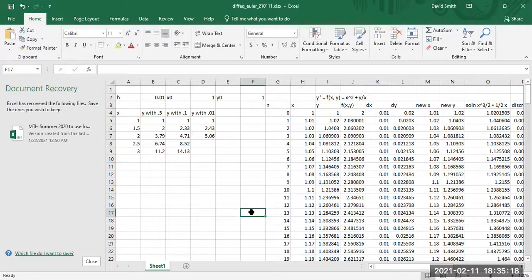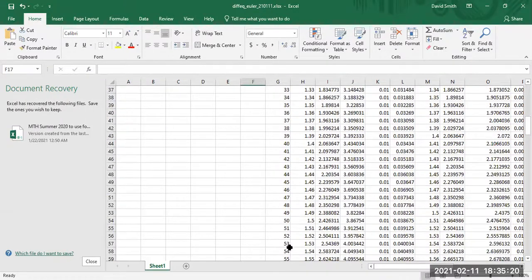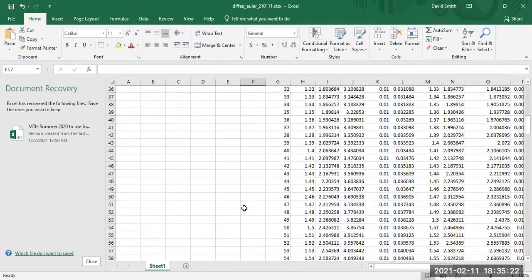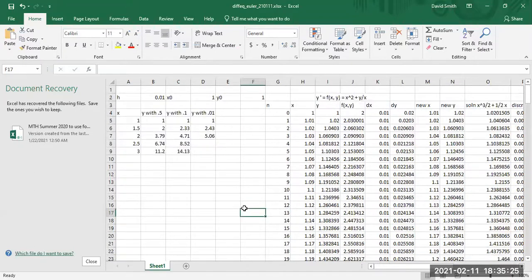And at x equals 0.5, I got 3.9. Well, something isn't gelling. Nevertheless, you get an idea of how you can look at these things, how they work.